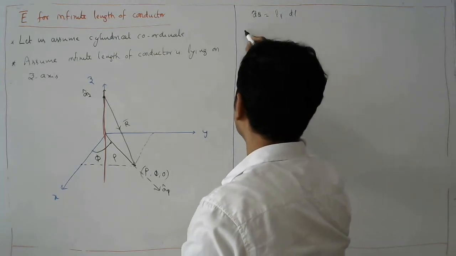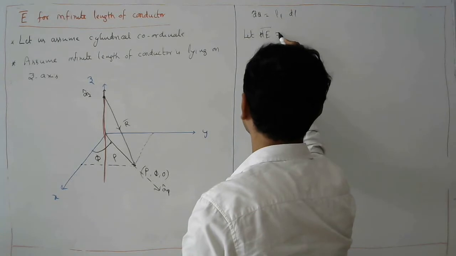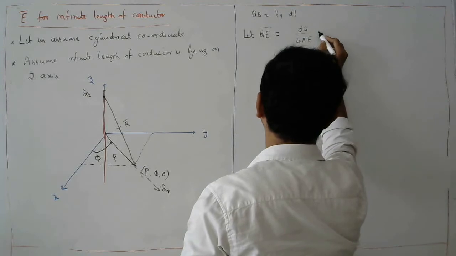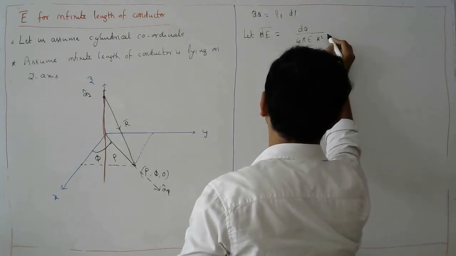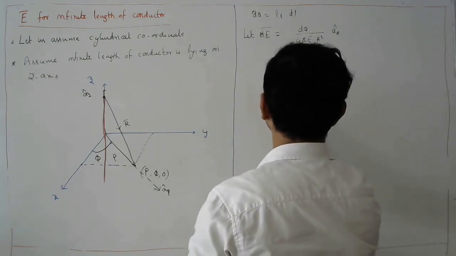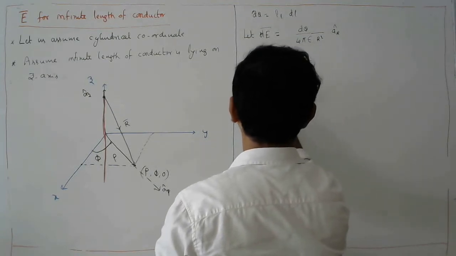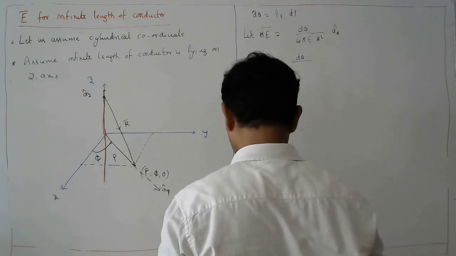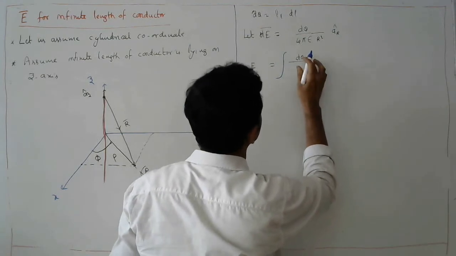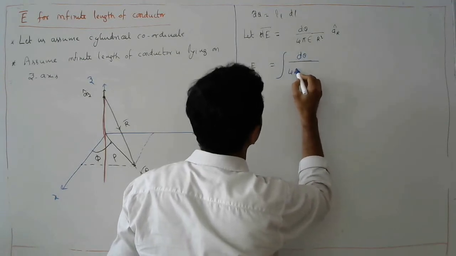Let the differential electric field intensity dE bar at that point be equal to dq by 4 pi epsilon into 1 by r square into a r cap. So the electric field intensity here is equal to the line integration of dq by 4 pi epsilon.